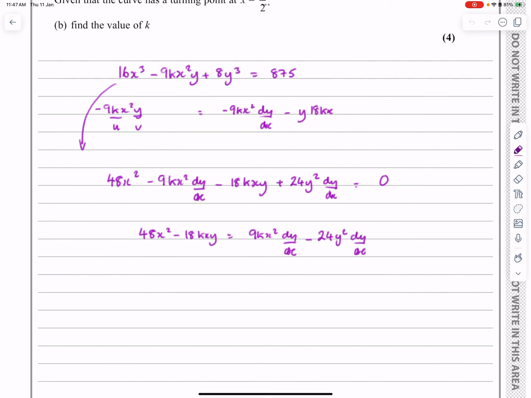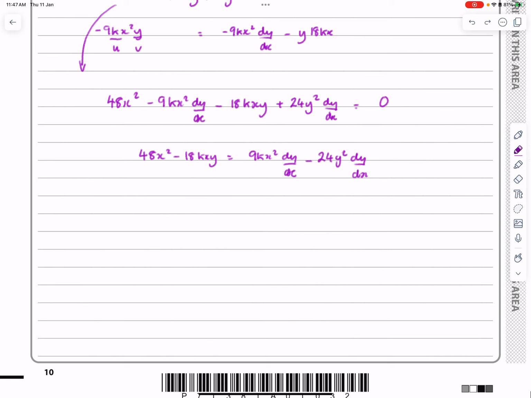That's awful handwriting. So let's just make it clear, that became a negative and that became a positive when I took them over to the other side. So at this stage, you might want to start looking at your answer dy by dx, but I personally won't yet.